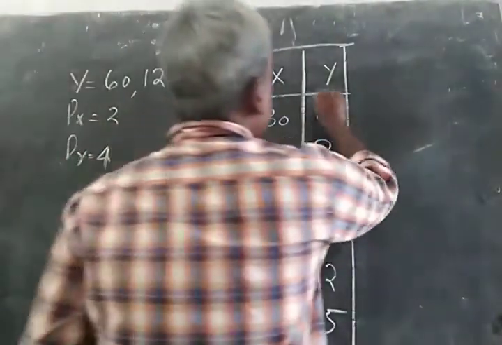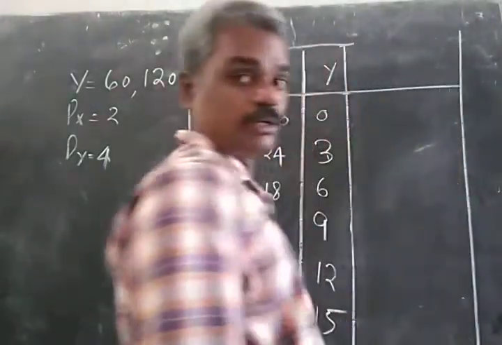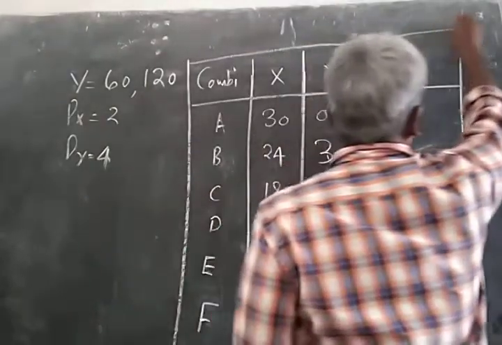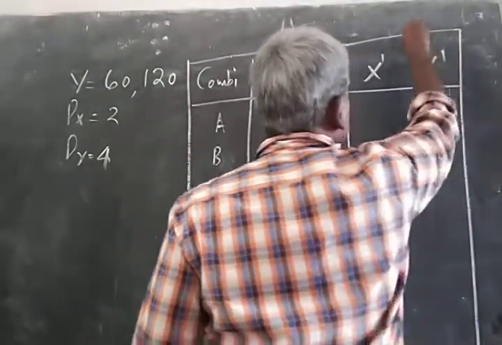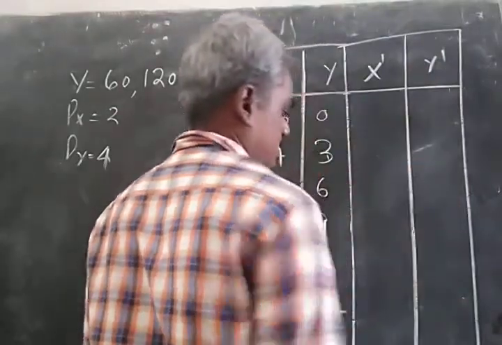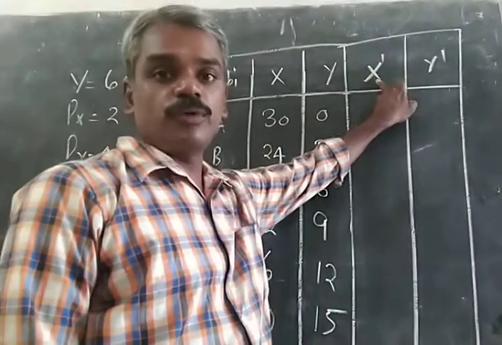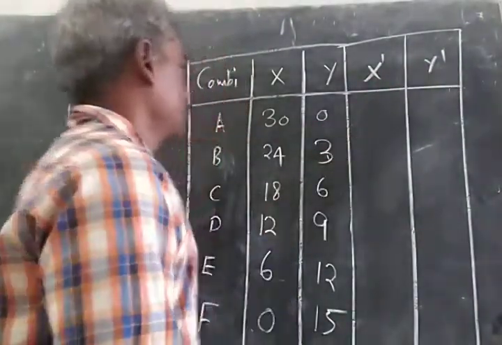Income of the consumer has doubled, and now what will be the consumption of X and Y? We represent the new consumption of X by X dash and new consumption of Y by Y dash.